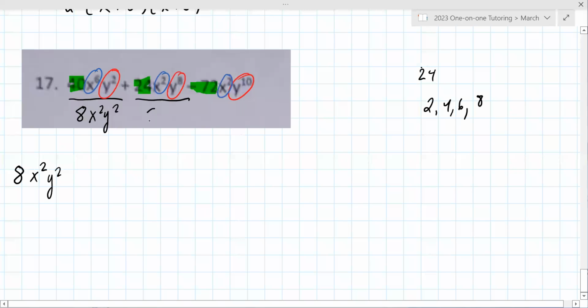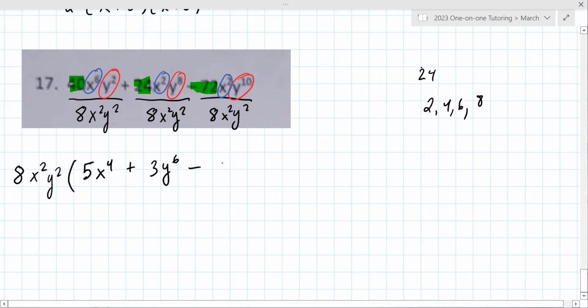So the first one, would it be parentheses 5x to the 4th? Yep, very good. Keep going. Plus 3 and then y to the 6th.